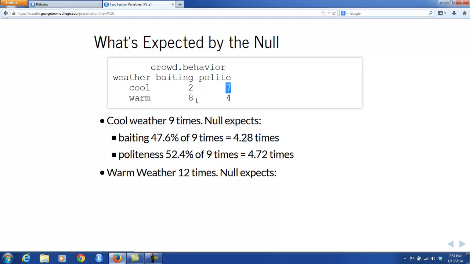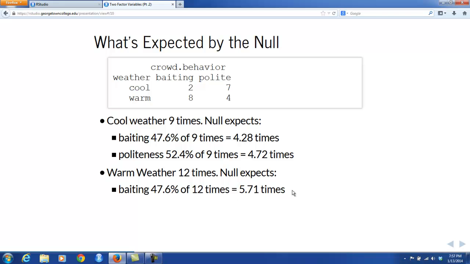Now let's focus on the warm weather. So the weather was warm 12 total times, 8 plus 4. Now the null expects that about 47.6% of those 12 times, the crowd would be baiting. That's 5.71. So where we see an 8, the null is expecting to see about 5.71.